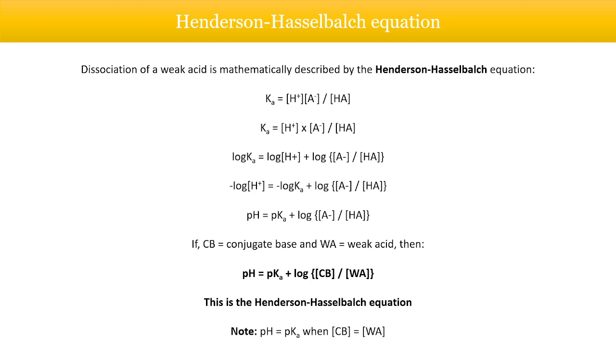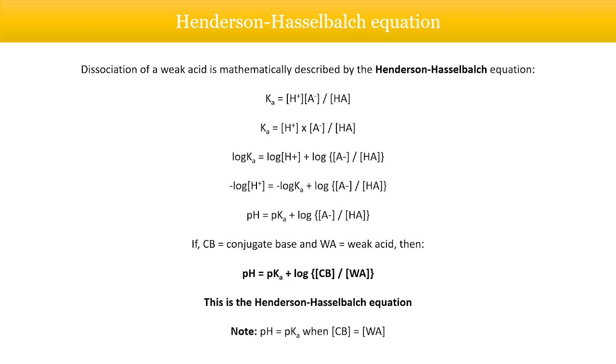Now coming to the Henderson-Hasselbalch equation. When we speak of buffers, the first equation that comes to our mind is the Henderson-Hasselbalch equation. The dissociation of a weak acid is mathematically described by it.